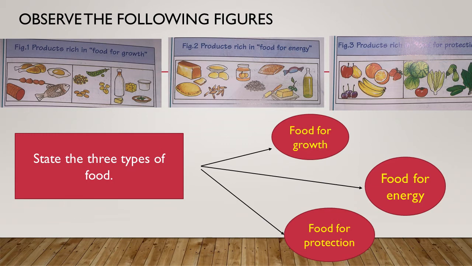And the food for protection are the fruits and vegetables. So we have three types of foods. The food for growth, which are made up of fish, meat, eggs, beans, and dairy products. Food for energy that are made up of cereals, bread, fats, and sweets. And the food for protection that are made up of vegetables and fruits, as you can see in the pictures above.